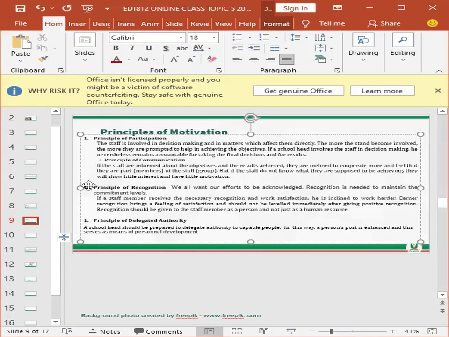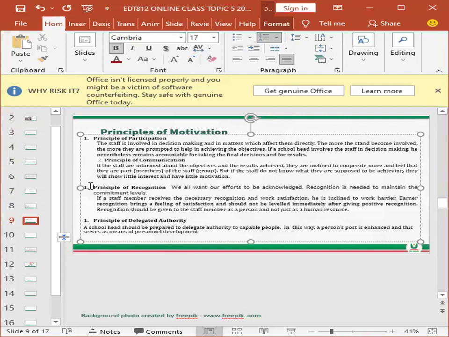So if a member receives the necessary recognition and work satisfaction, he is inclined to work harder. Recognition brings a feeling of satisfaction and should not be withdrawn immediately after giving a positive recognition.